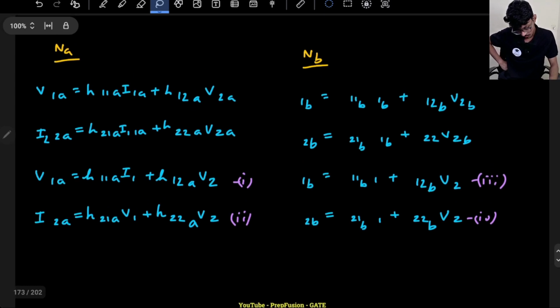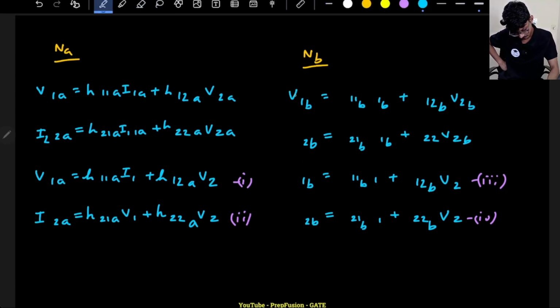Okay, so same here as well. So this will be V1B, that will be H11B into I1B, and this will be H12B, this will be V2B, this will be I2B equals to H21B.